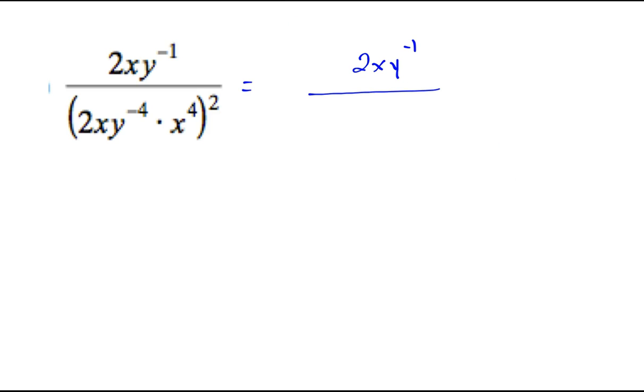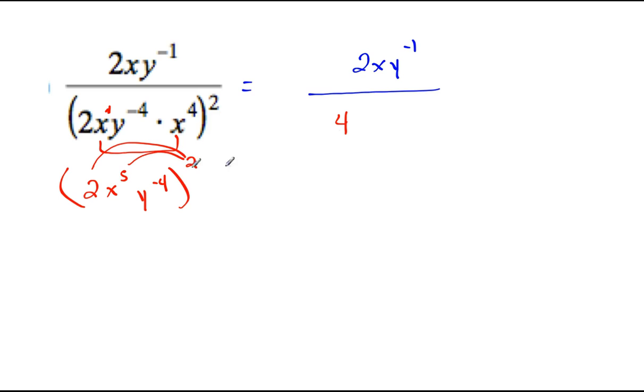I'm going to clean up my numerator. My denominator, I see I have x to the 1st and I have x to the 4th. So this could be rewritten as x to the 5th, y to the negative 4th. And then I'm going to apply my square. So 2 squared, 4.